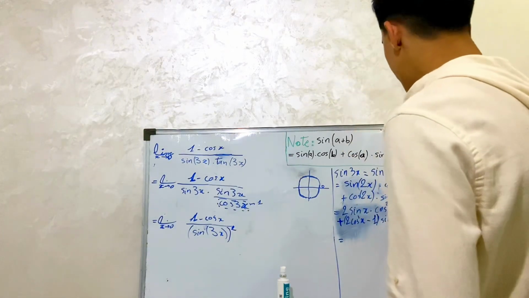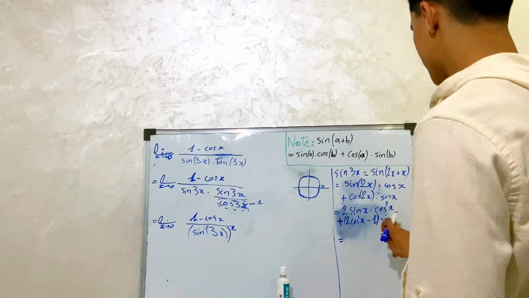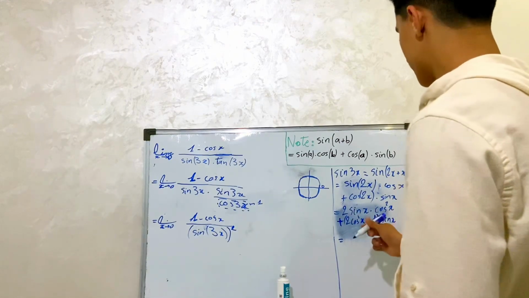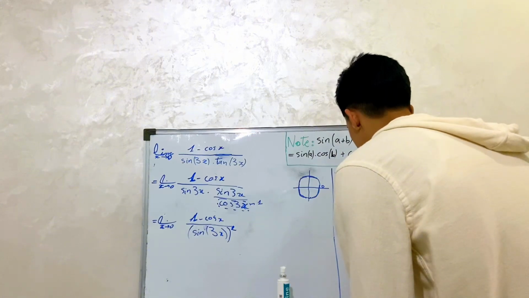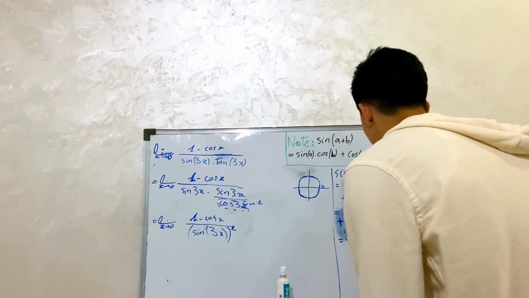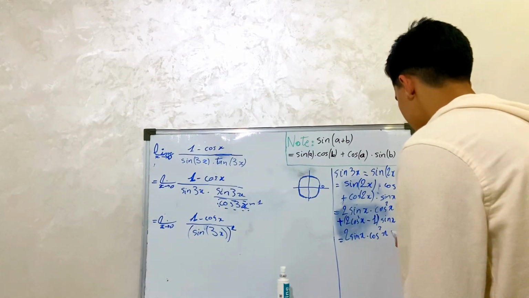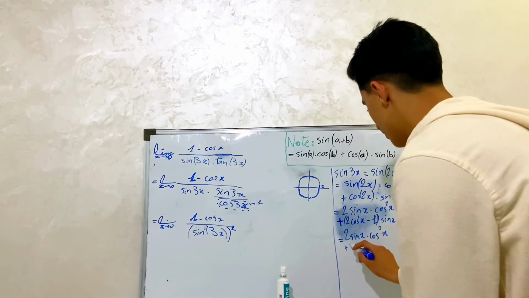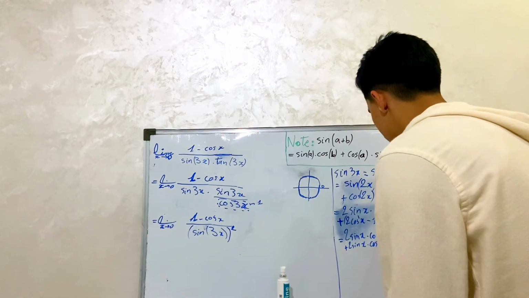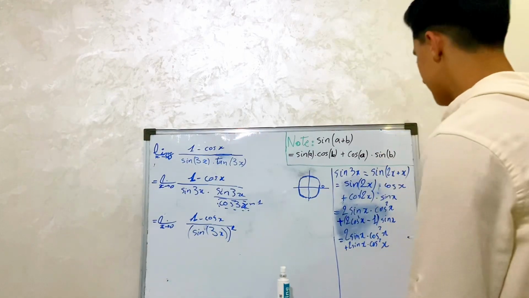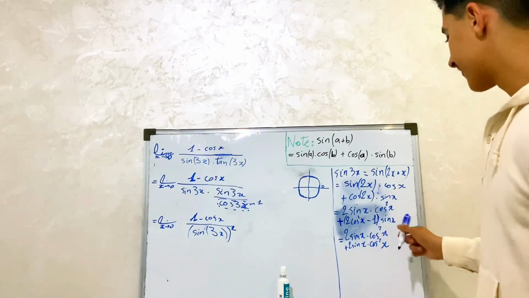We can develop this expression here, and it's going to give us 2 sine x times cosine squared x plus 2 sine x cosine squared x minus sine x.